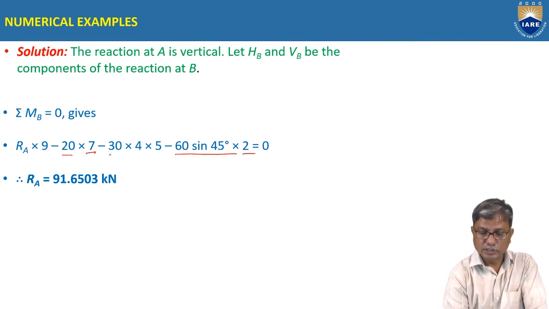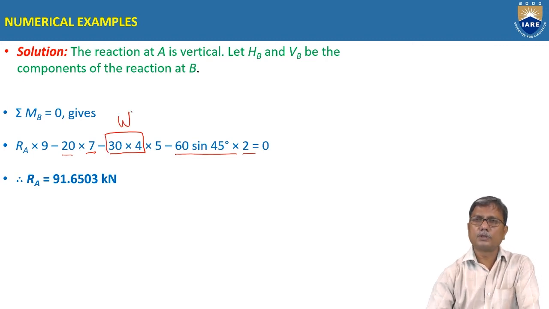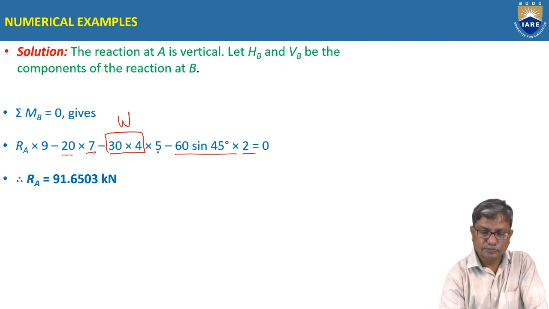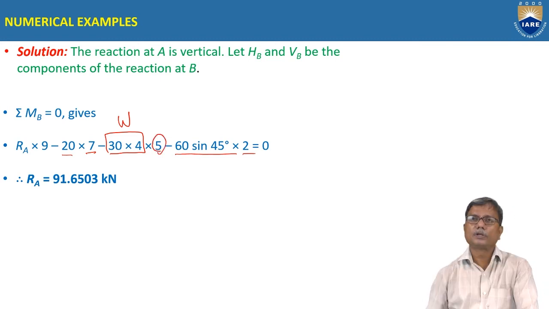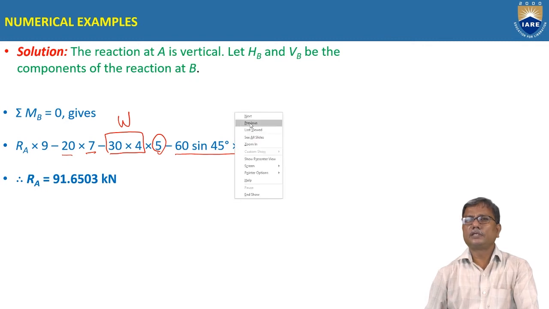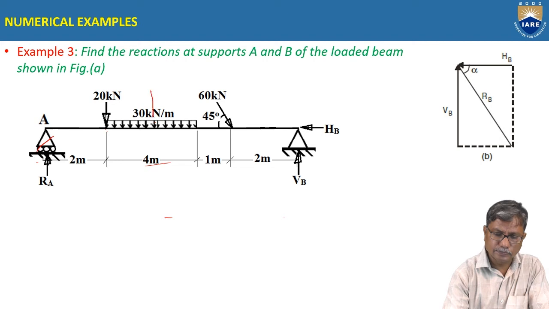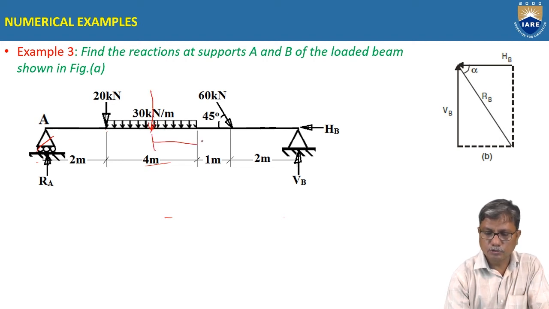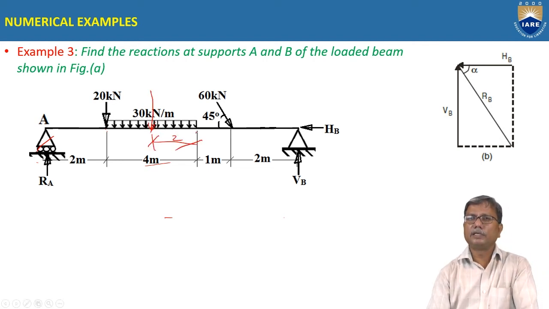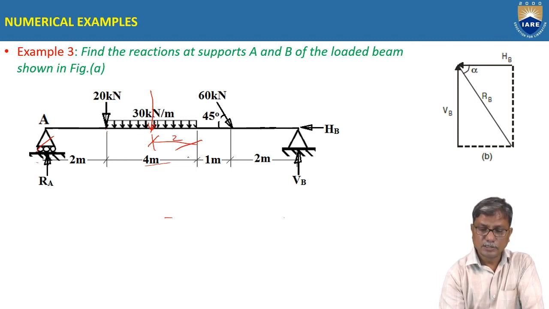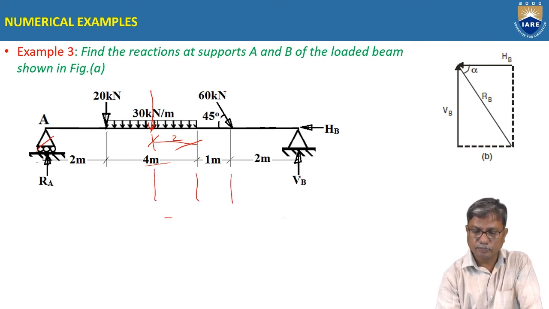Coming to this, 30 into 4 is the total load. And what is the distance? The centroidal distance from B. Let us go to the previous slide. We see the centroid here. It is acting at 2 meters from the end. So the total length is 4 meters, so it lies at the midpoint. From one end it is at 2 meters. So this is 2 plus 1 plus 2.